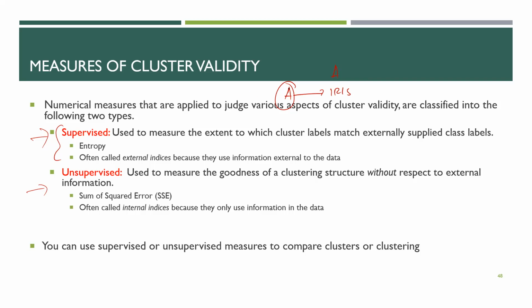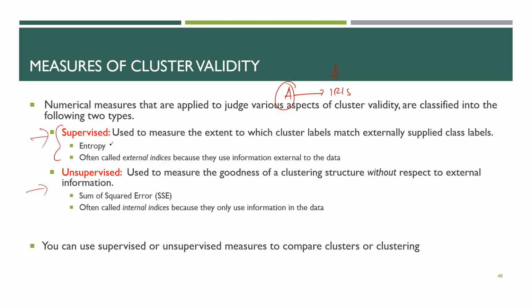But why do we still want to apply clustering to iris? Because basically we want to evaluate how good our algorithm A is for clustering. We test our algorithm. We already know the answer, but we want to test how good our algorithm is, to measure the extent to which cluster labels match externally given class labels.